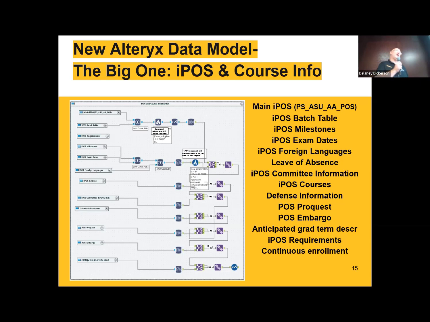So on the graduate side, we have a lot of customization in PeopleSoft designed to support our graduate business processes. And this is where we work through it all to make sure that we've got the output that we need for our graduate staff downstream. So even within that one container, we've got a lot going on that drives a good chunk of the output and what we're able to deliver in terms of our reporting.